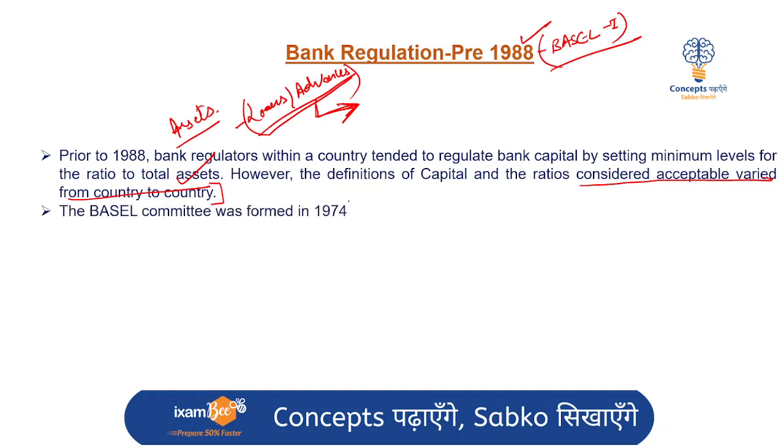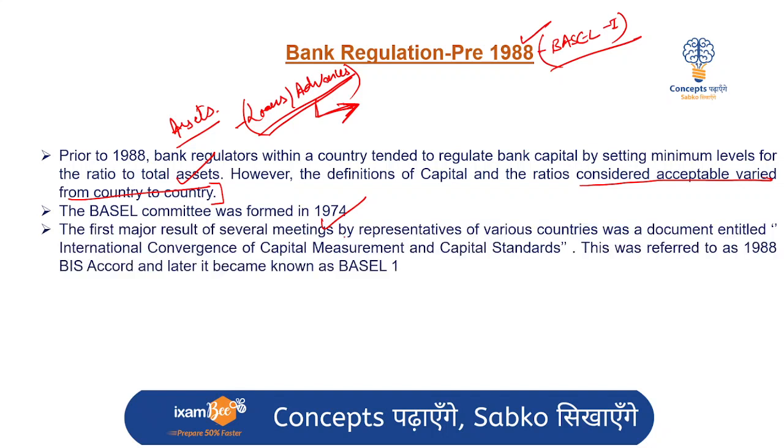So this Basel committee was formed in 1974, and the committee consisted of representatives from various countries like Canada, France, Germany, UK, USA, Sweden, etc. The representatives of these countries kept on meeting for brainstorming about the introduction of these banking regulations.